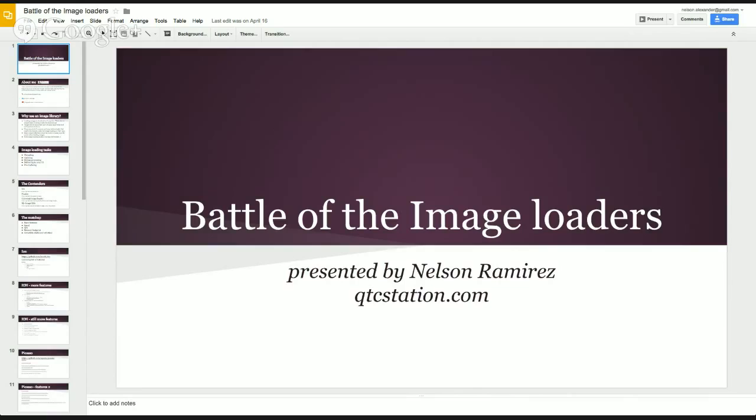I'll ask a follow-up. Do any of the loaders, I think the answer is yes, optimize for the case where you know how big the image view is that you're loading the image into? Do they do any sort of optimization as far as decoding that image? Yes. XL Image Utils does that seamlessly. I think Picasso does this as well, but I know for sure that XL Image Utils does it.